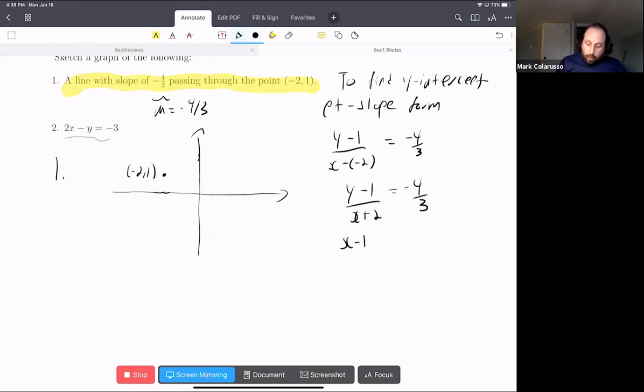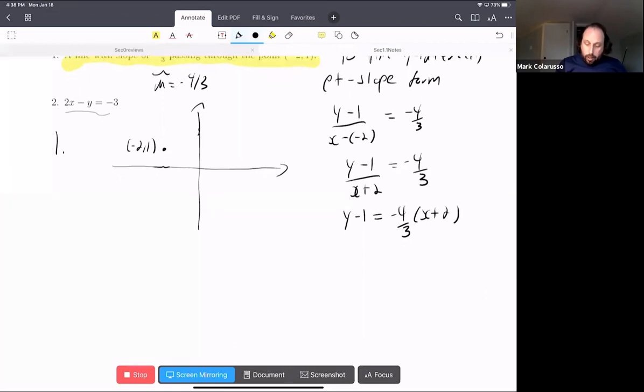So we have y minus 1 is minus 4/3 times (x plus 2). And so you get y minus 1 is minus 4/3 x minus 8/3.